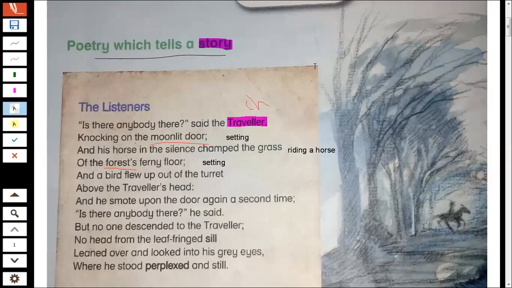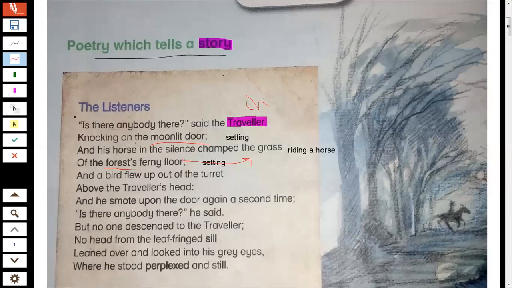Okay, ferny means covered heavily. But since I'm talking about the floor, it would be covered with what was referred to before, which is the grass. So ferny floor means heavily covered with grass.